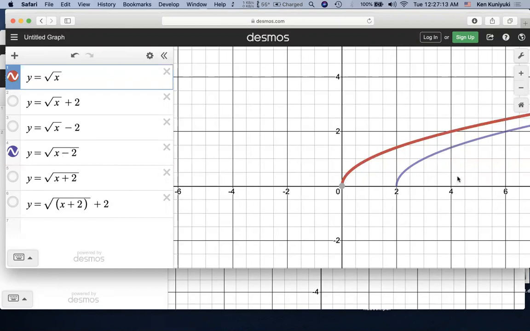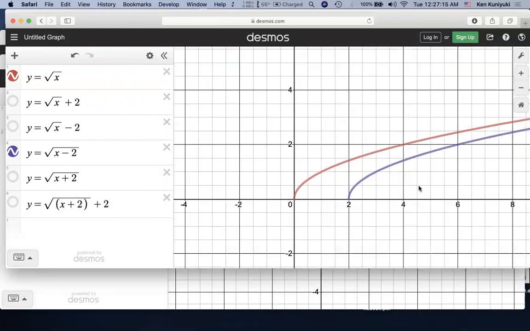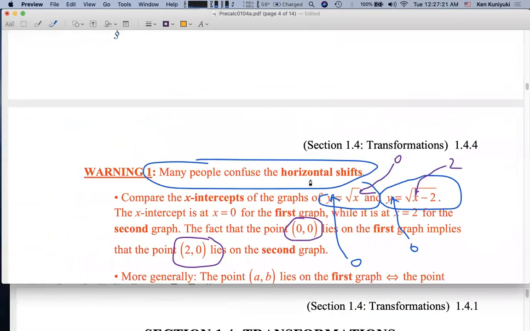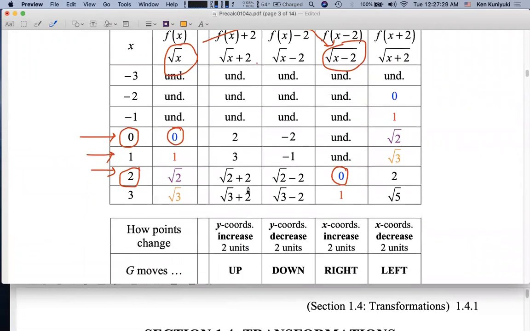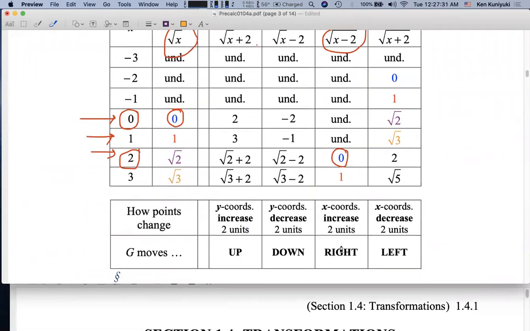It may not look like a horizontal shift because we tend to look at things perpendicularly, but we do get horizontal shifts here. So again, what happens at x equals 2 on the new graph happened at x equals 0 on the old graph. That kind of explains why from here to here, the graph shifts to the right by 2 units.